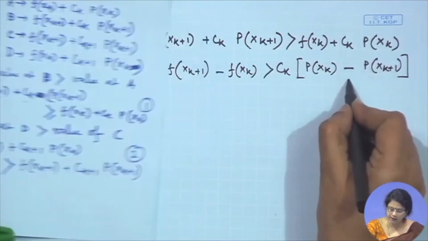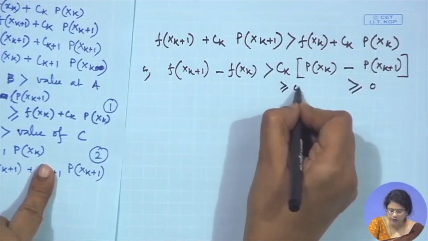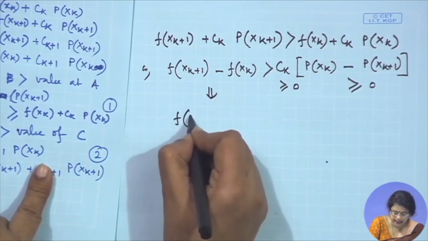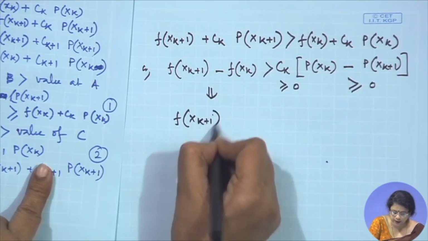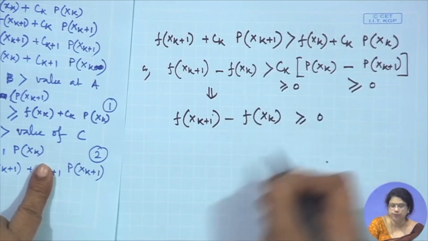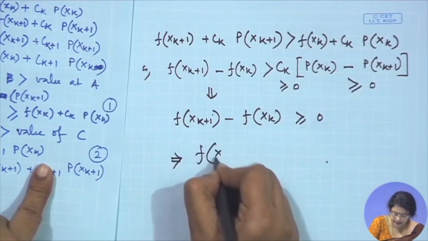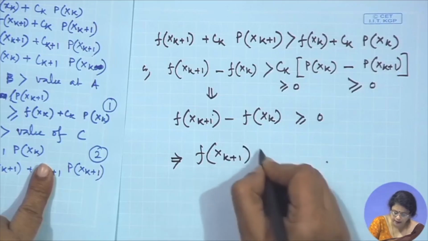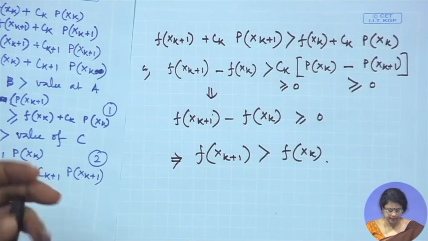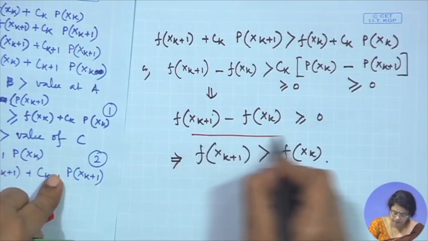That is why this value is always positive. Now, individual c_k's are always positive. That is why from here we can say that f(x_{k+1}) minus f(x_k) is always positive. What is the case then? f(x_{k+1}) is greater than f(x_k) always. This is the third result as I showed you.